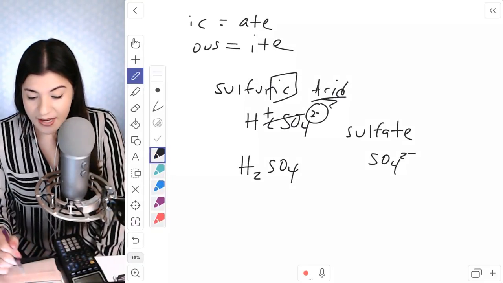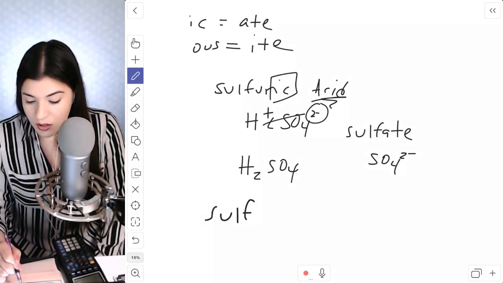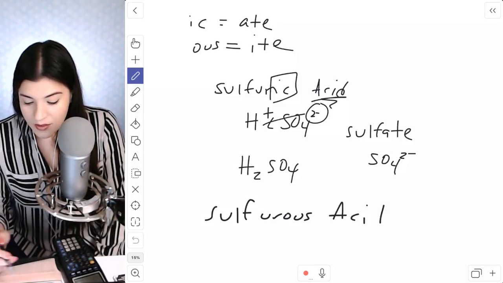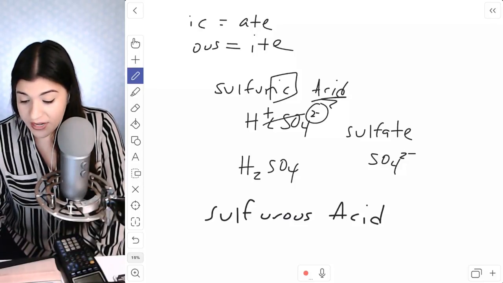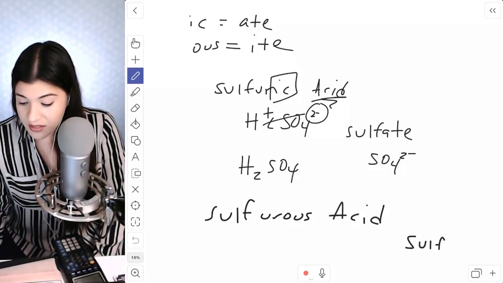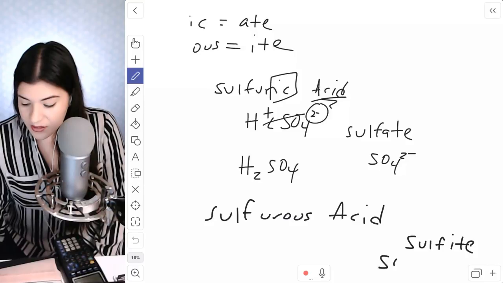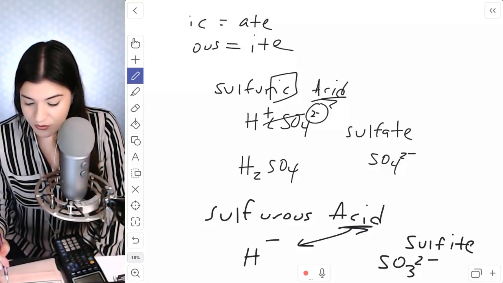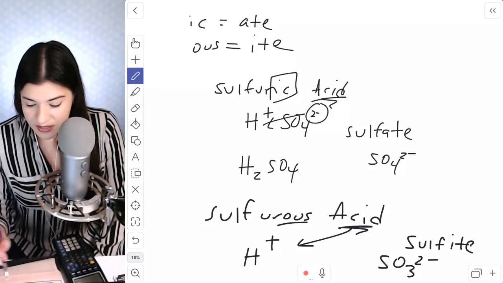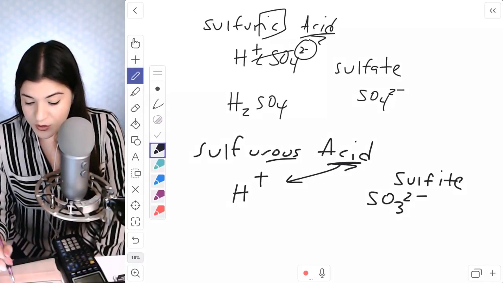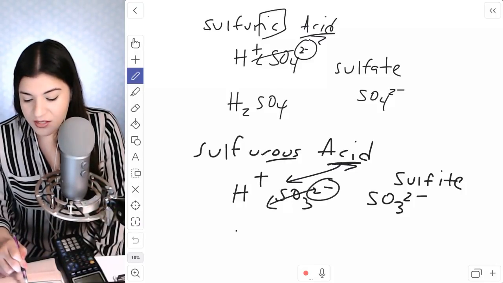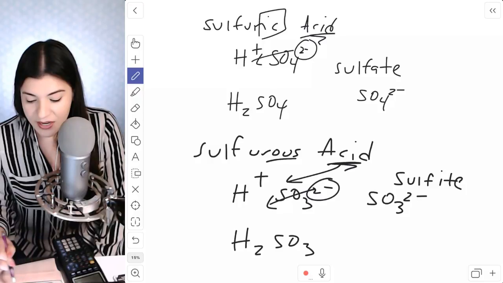And then what if I were to instead get sulfurous acid, then that would have been sulfite because the us goes with ite. So that's really SO3 with a 2- charge. The acid tells us there's an H in front. Then that us tells us it's sulfite. I'll bring that 2 down, and that's what that would have been.